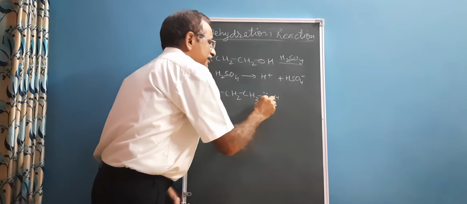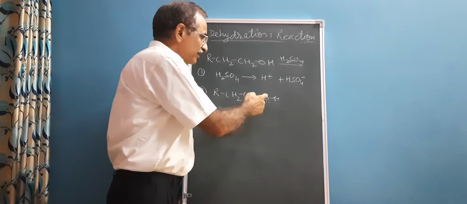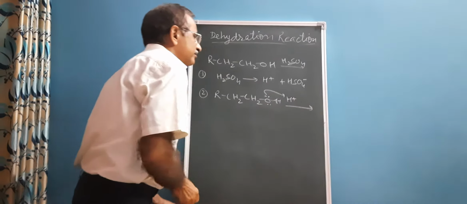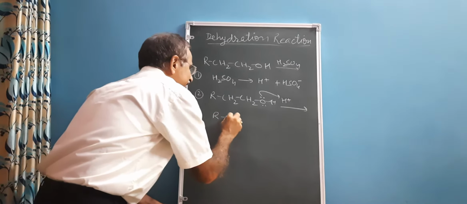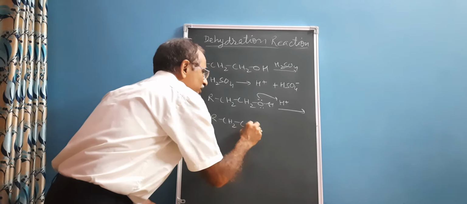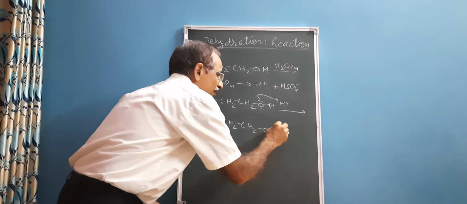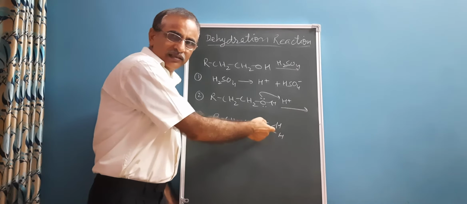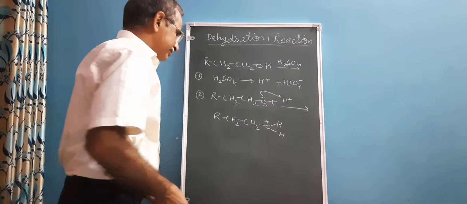Here oxygen is having 2 pairs of electrons, therefore this acid will approach it and that results in formation of oxonium ion intermediate. Here oxygen contains a positive charge and this is called oxonium.